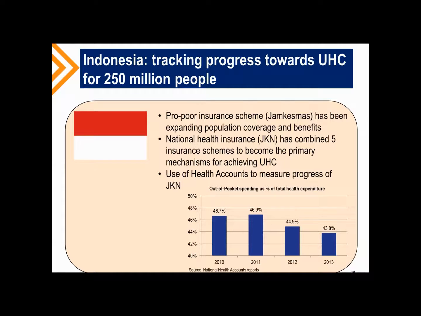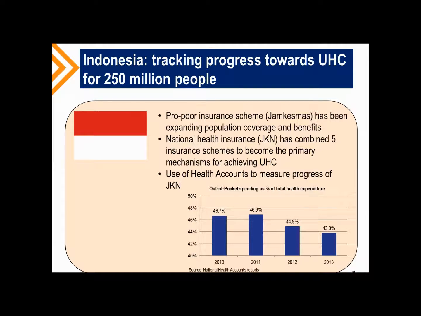We don't have the detailed data, but further analysis could also be conducted with wealth quintile information to confirm whether this fall in out-of-pocket is occurring for the target group of this insurance scheme. And in 2014, Indonesia combined 5 existing insurance schemes under one umbrella to form a national health insurance called JKN. Preliminary results from the 2014 health accounts are showing a further decrease in out-of-pocket since the start of JKN.